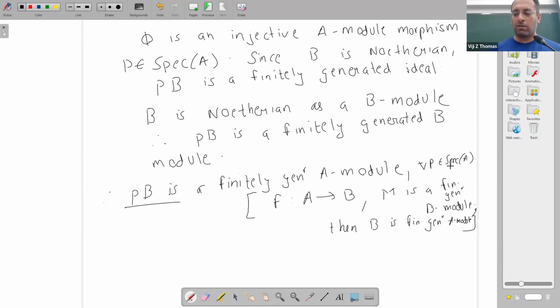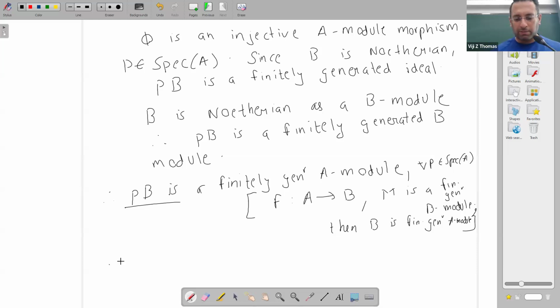So what can you say now? We just proved something. What have we got? PB is a finitely generated A module for all P. What did we prove? If PM is a finitely generated A module for all P, then M is a finitely generated A module.